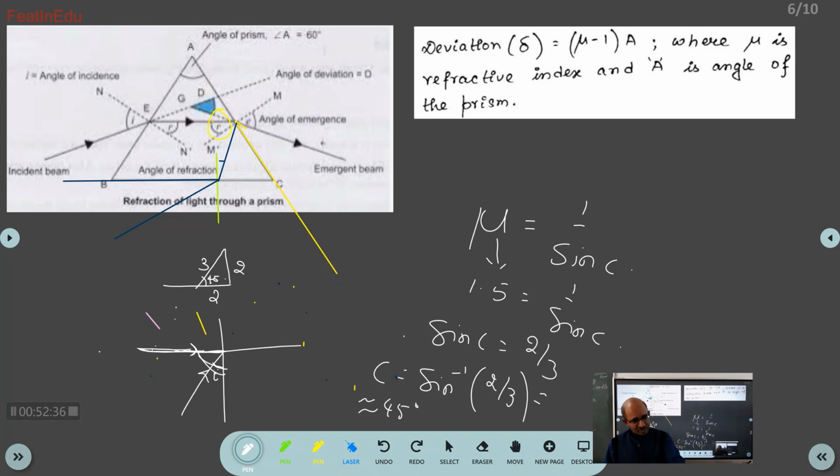Critical angle is defined for what condition? The ray should travel from denser medium towards rarer medium. That is the condition, and you examine that condition. Now your ray is violating that condition. The concept of critical angle is defined only for that condition. You violate that condition, then you can't define it.